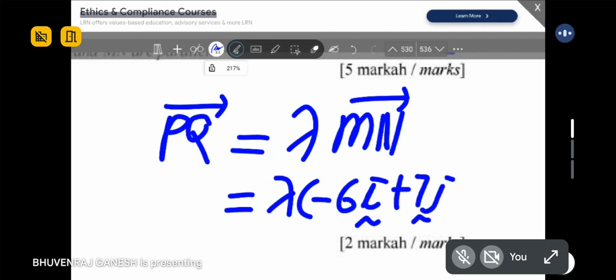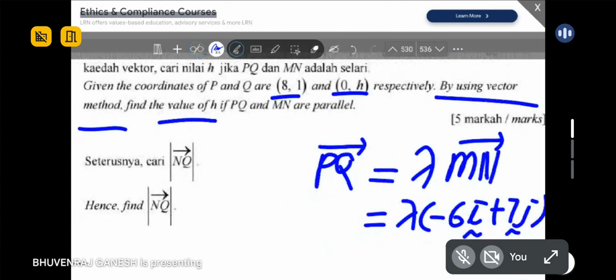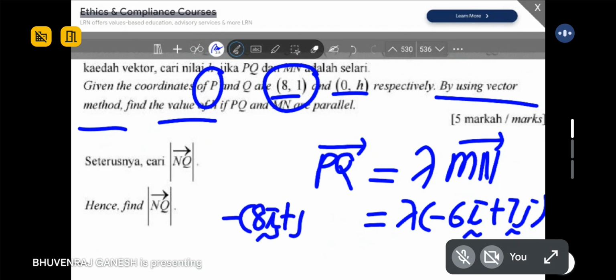So for PQ, how to get the vector, guys? Very simple. PO plus OQ. Am I right? PO is negative OP. Negative OP means you have negative 8i plus j, because the OP coordinate is 8, 1. So it's 8i plus j, and then you add negative. Can?